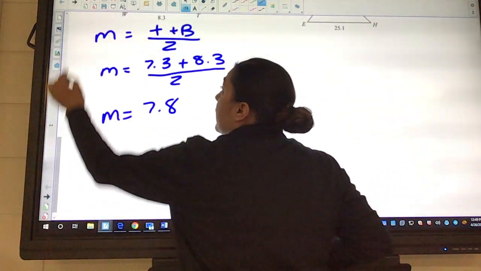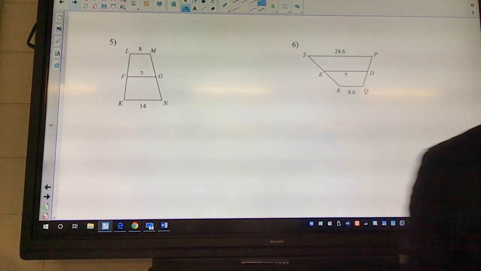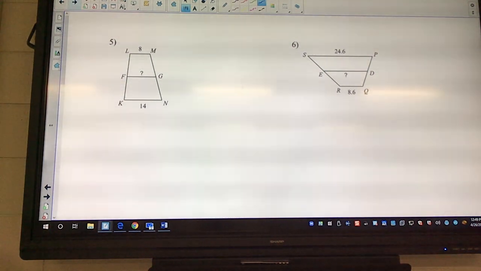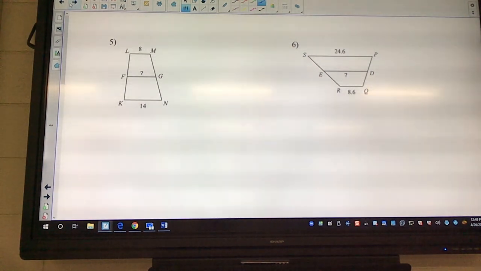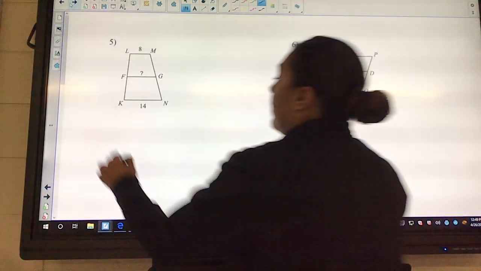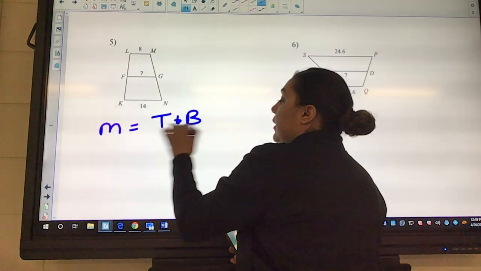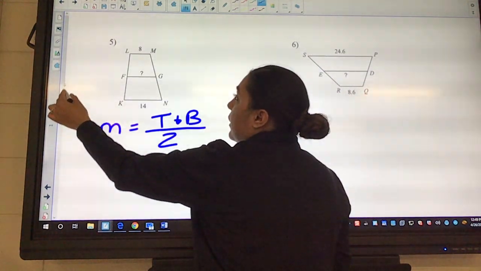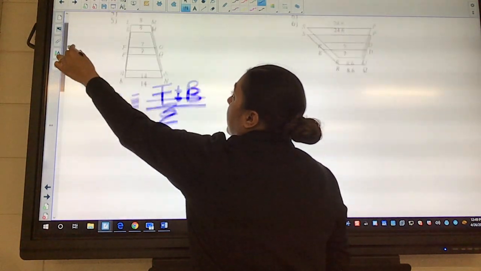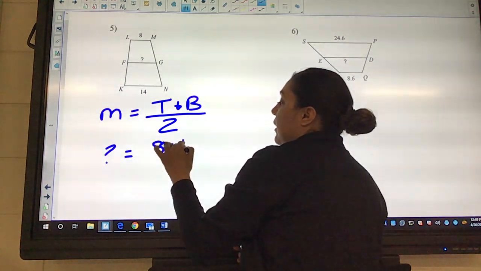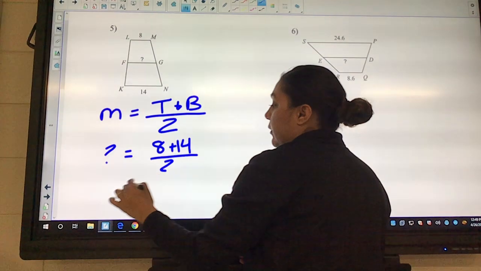When you're using your calculator, it's going to look like this. On this page we have the middle equals the top plus the bottom divided by 2. So the middle, question mark, equals the top, which is 8, plus the bottom, which is 14, divided by 2.